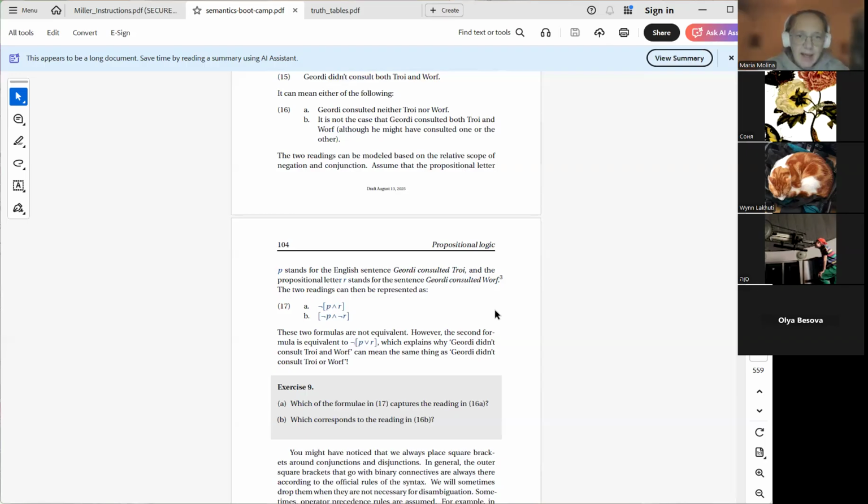Now, if we read it as a negation of P and negation of R, in A we would have, it's not the case that Jody consulted both Troy and Worf, although he might have consulted one or the other.